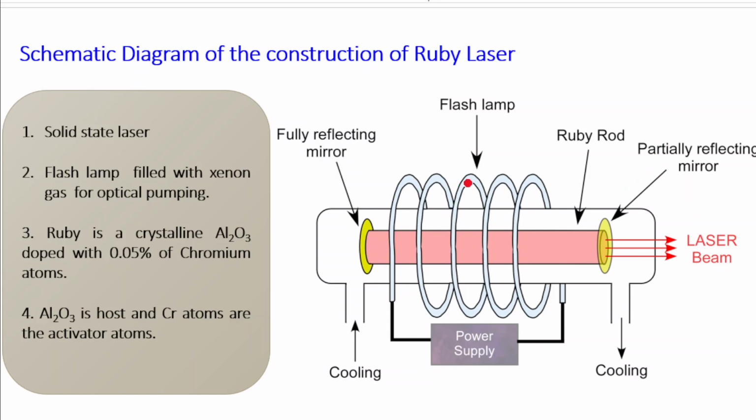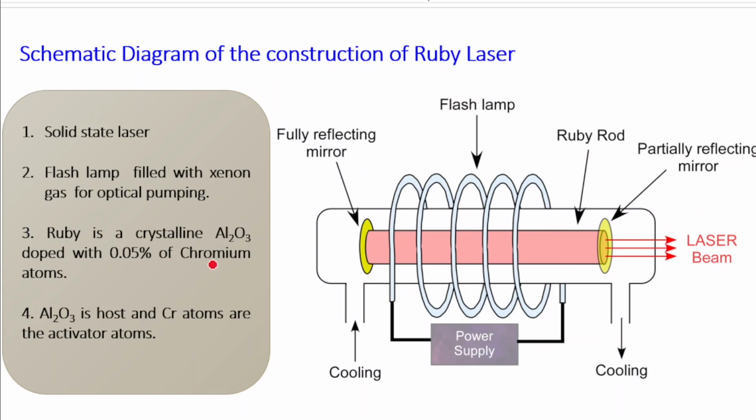The rod is surrounded by a high intensity helical flash lamp filled with xenon gas, which provides sufficient light to produce population inversion. Now, ruby is a crystalline aluminum oxide, that is Al2O3, which is doped with 0.05% of chromium atoms.